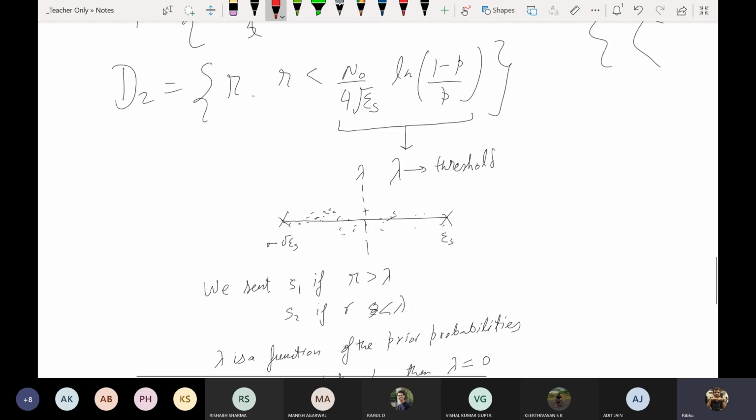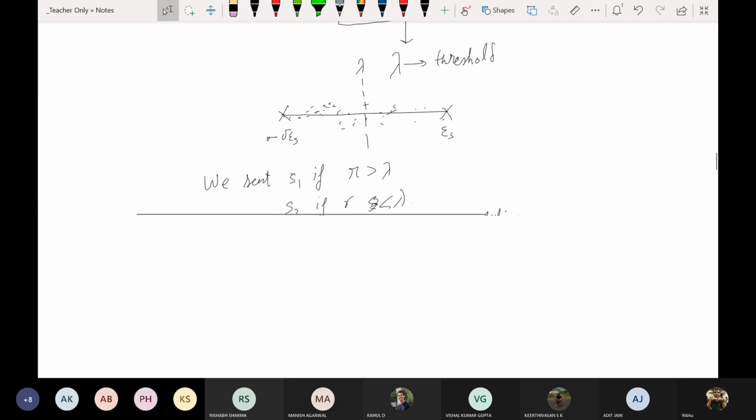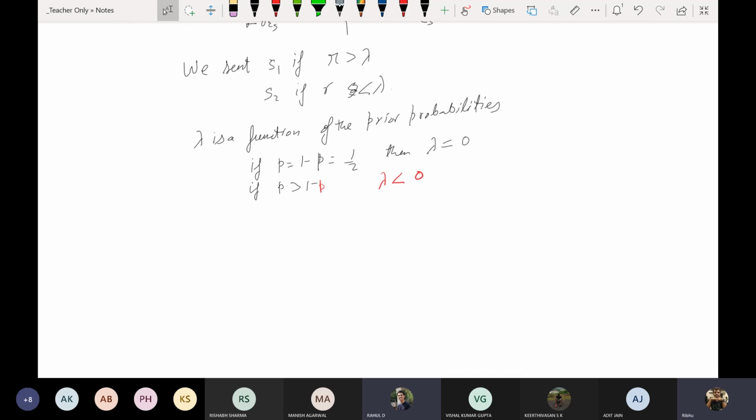This fraction is less than 1, so lambda turns negative.